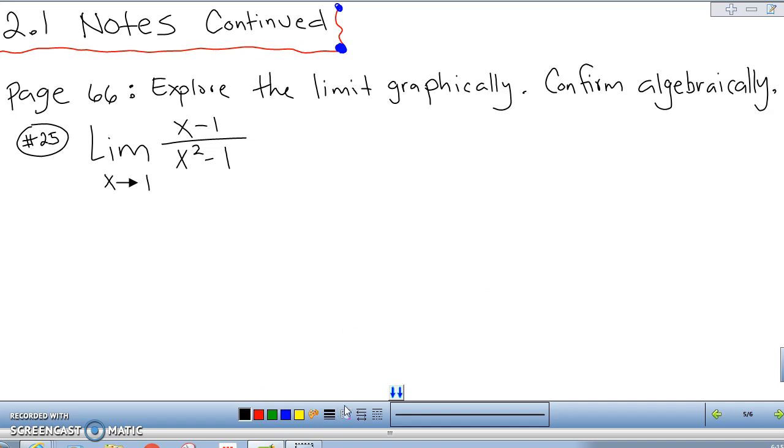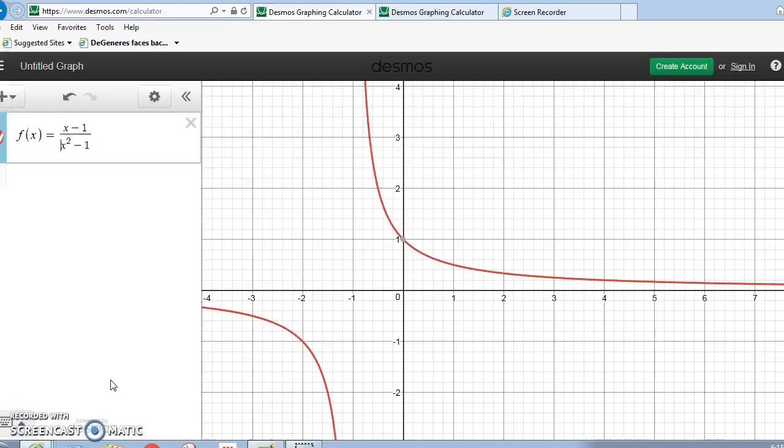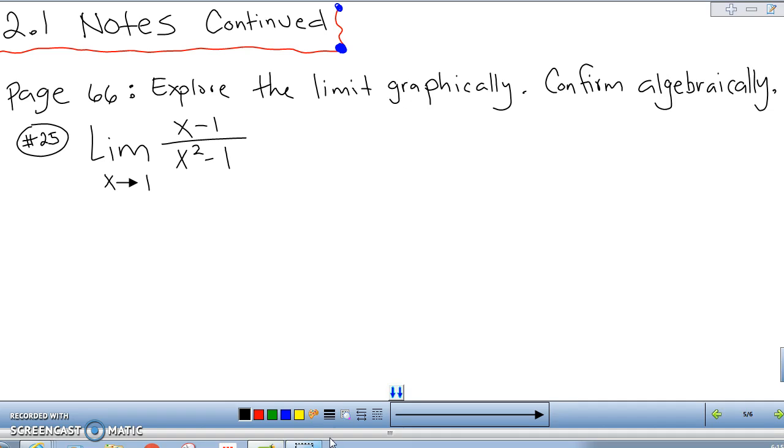Remember, pause at any time so you can copy this down into your notes. And this is the graph that we get from this given function.